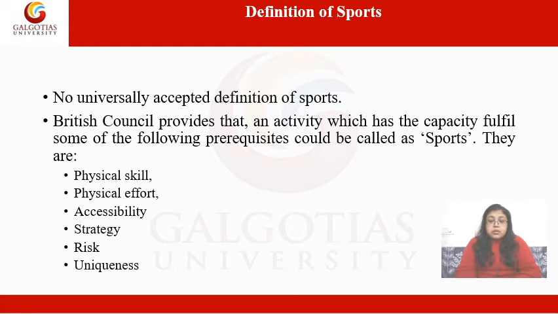The particular activity must have something different from all other activities. So some element of newness must be there. So any such activity which has the capacity to cover all these aspects as per the British Council can be defined as something called sports.